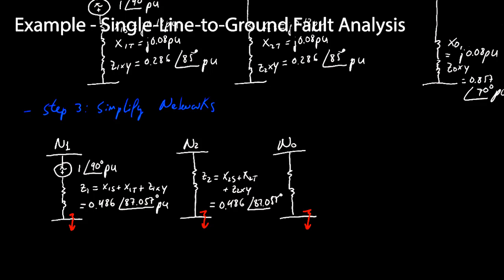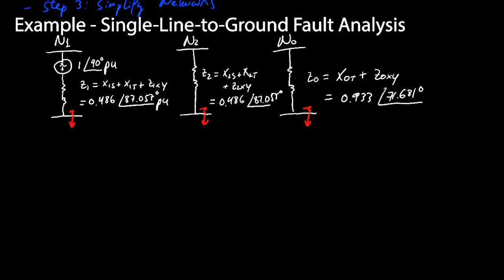And then lastly, for the zero sequence impedance, I'm going to have Z0, which is equal to simply X0T plus Z0XY, and that's going to be equal to 0.933 at an angle of 71.681 degrees. So now I have a very simple network.